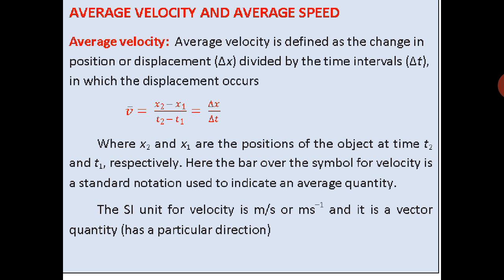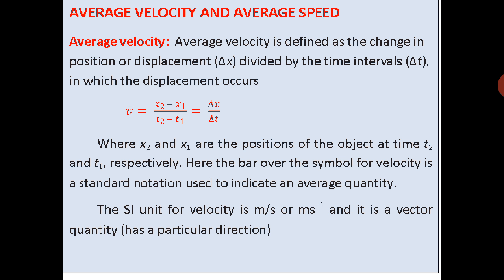Here x2 and x1 are the positions of the object at t2 and t1. This bar over the symbol v is standard notation used to indicate an average quantity. The SI unit of velocity, whatever the velocity may be, is measured in meter per second in SI.